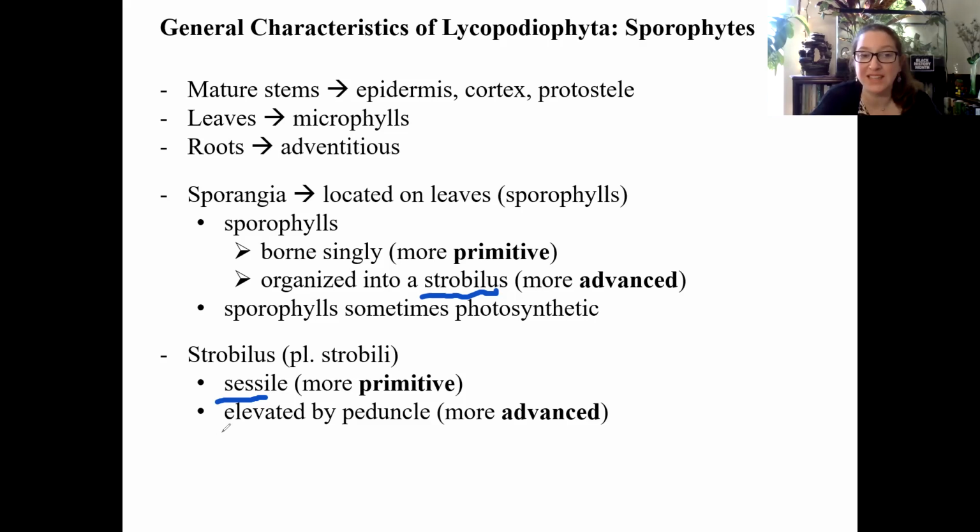And sometimes it is elevated by a stalk, which we call a peduncle. We will see pictures of this on the subsequent slides, but I'm just showing you this in a summary slide so you have the terms. Sessile or not elevated is the more primitive state. Elevated on a peduncle is the more advanced or modern trait or state.